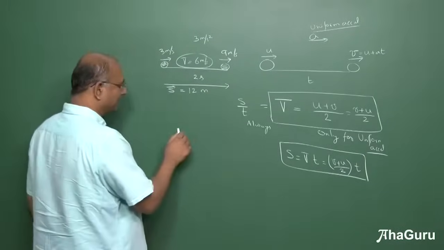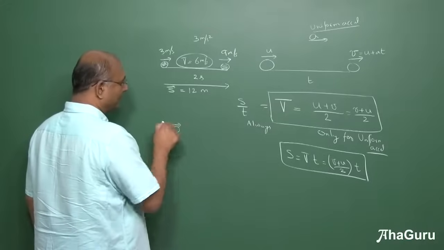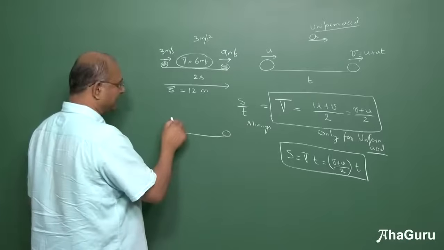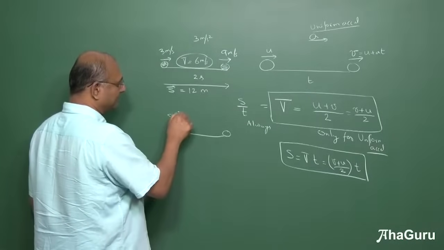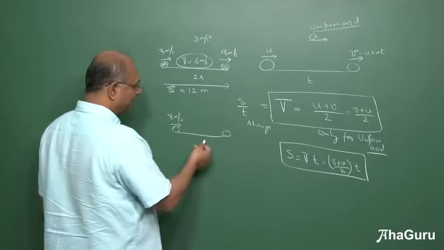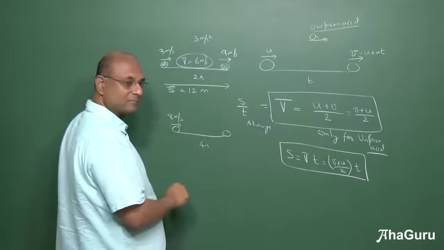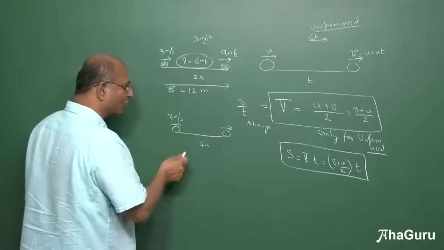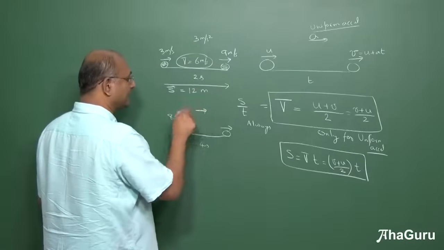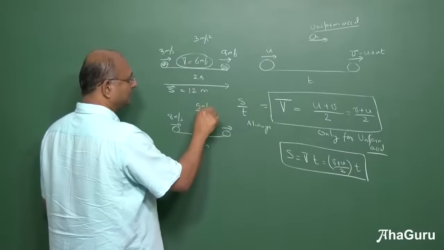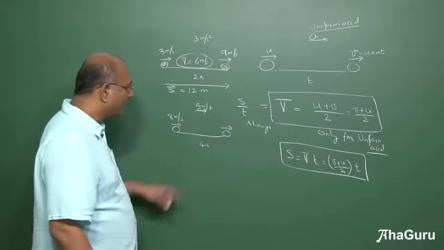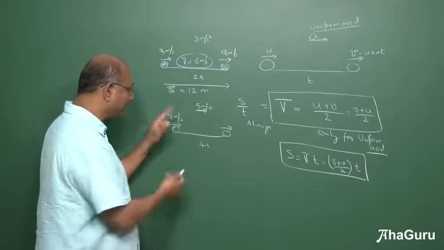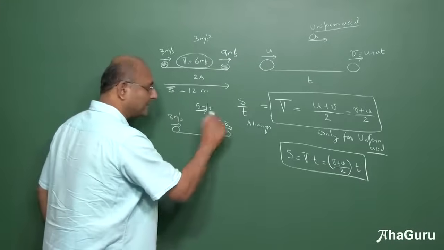Let us take another example. Suppose I have an object which started with 8 meters per second and after 4 seconds it has come to some velocity which I don't know, but I know its acceleration was 5 meters per second square. What do you know about that velocity? It is 5 into 4, 20, 20 plus 8, 28.